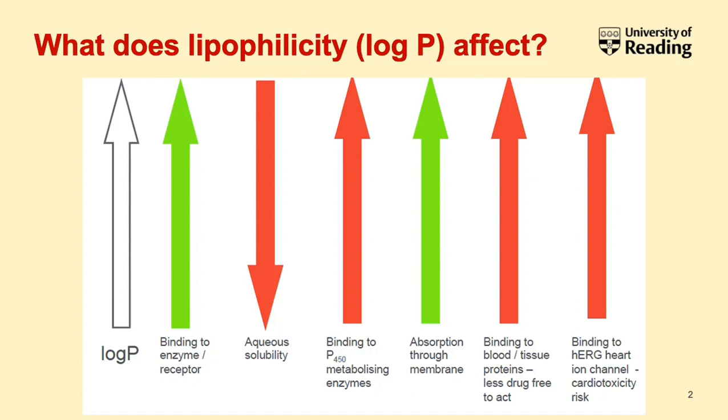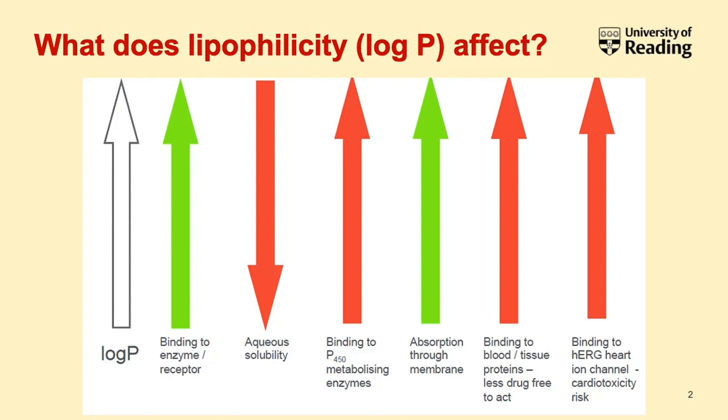And we use log P to tell us about how we think our drug is going to behave in different systems. And this gives you an idea of what people would look for. So if you can see here, log P is increasing. As you increase log P, binding to an enzyme and receptor will improve, aqueous solubility will go down, and so on.